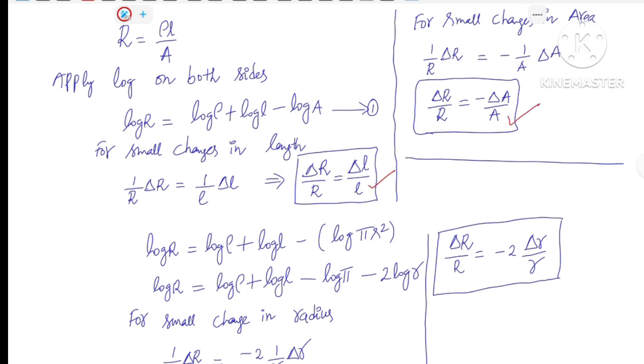And for small change in radius of the conductor, this is the situation. I hope this video gave you an understanding on how to derive the change in resistance with respect to small change in length, area of cross section, and radius of the conductor.